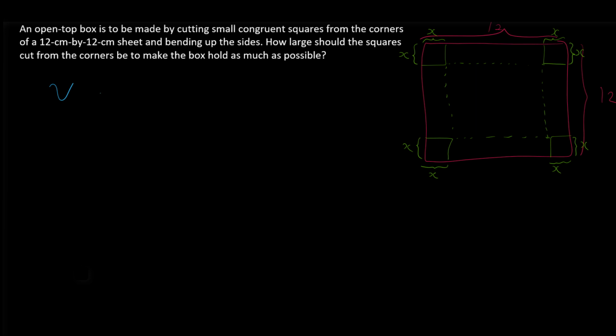We know that volume of the box is length times width times height. Because the total length of the sheet is 12 centimeter, when we cut x centimeter from the left and x centimeter from the right side of the sheet, the length of the box would be 12 minus 2x.